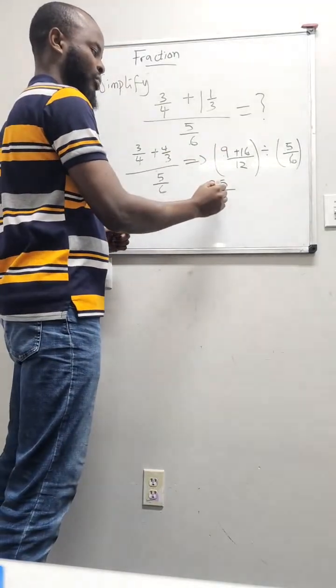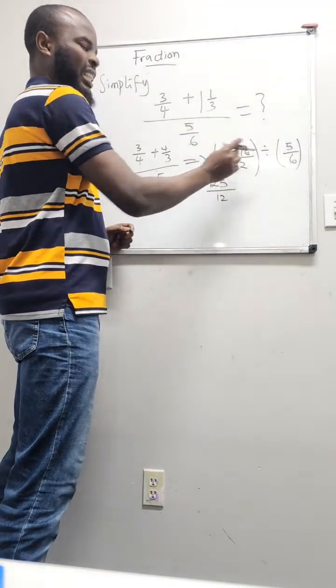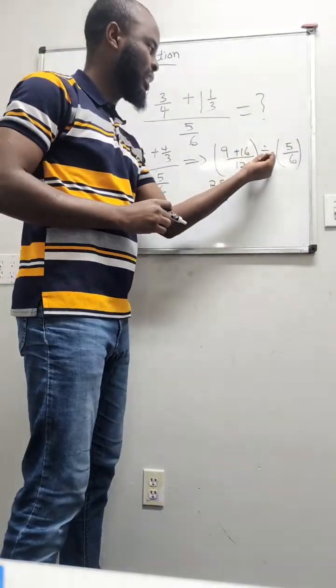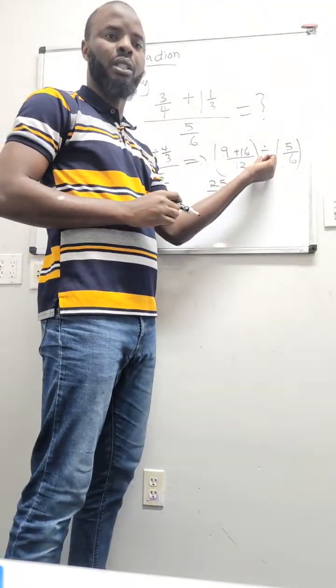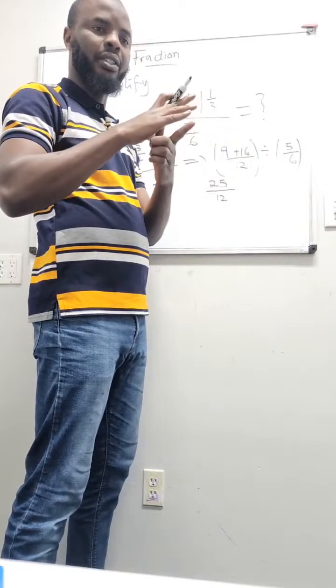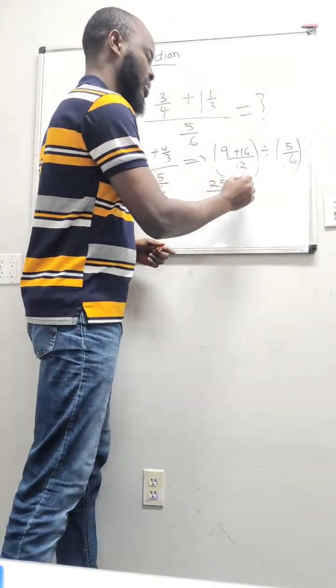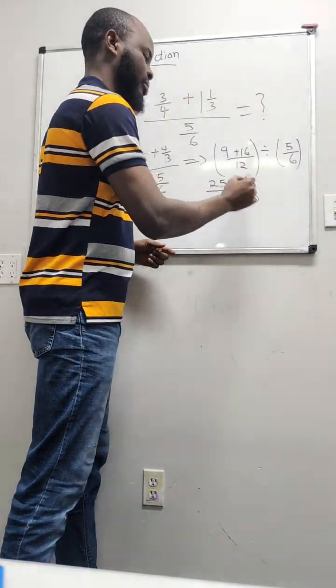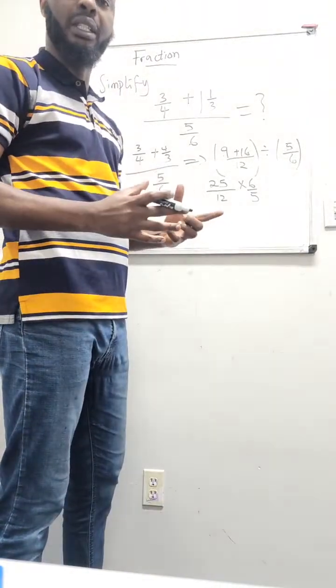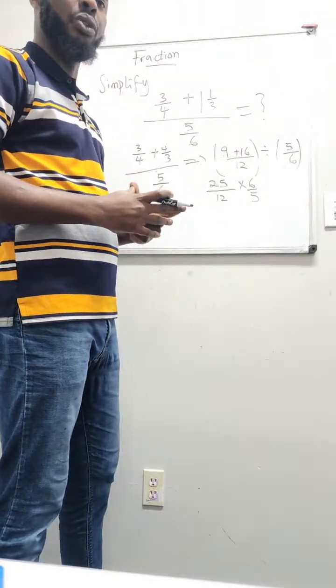So here we have 25 over 12. The rule of fractions says if division is turned into multiplication, then you find the reciprocal, which is times 6 over 5. Now, this is looking interesting. What do you do?